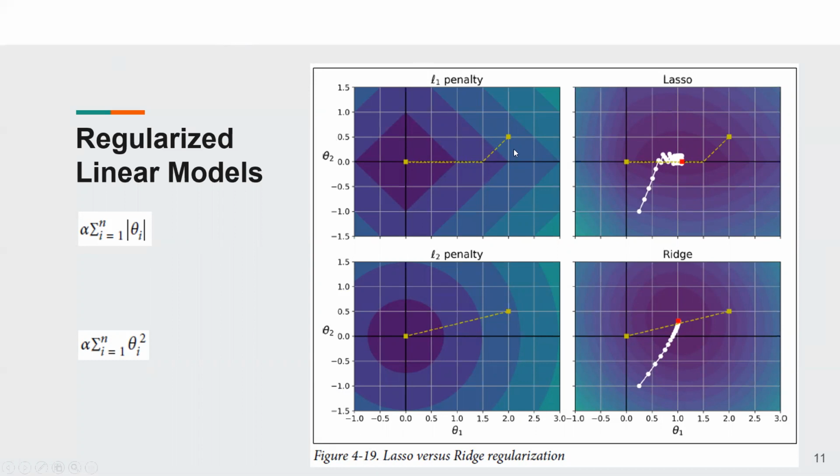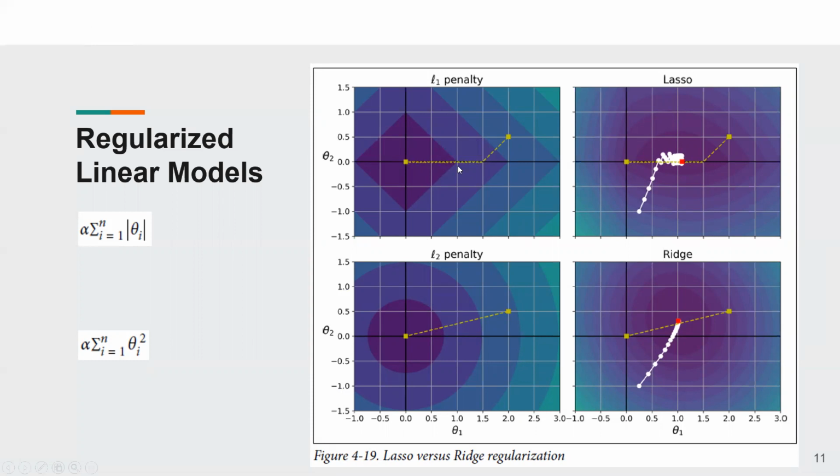In here, it shows that when you have an initial point of theta 1 being 4 and theta 2 being 0.5, it tends to drive to the point that theta 2 becomes 0 rather quickly, and then tries to figure out where the optimal solution is. So that's the L1 penalty.